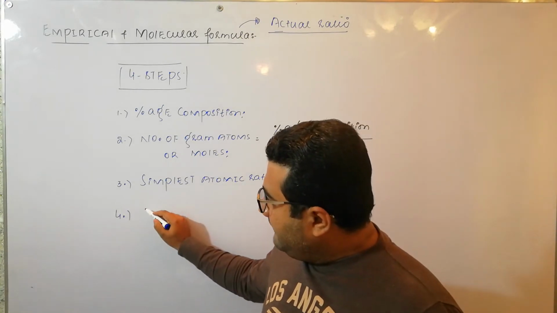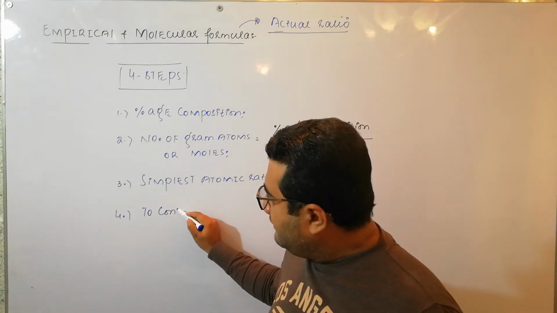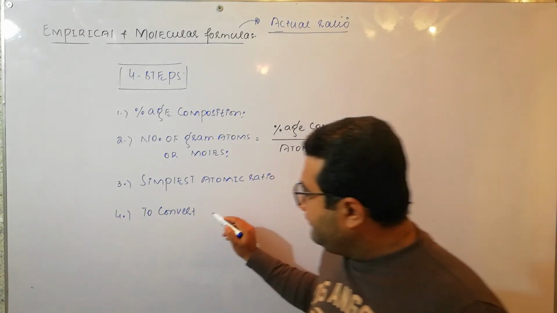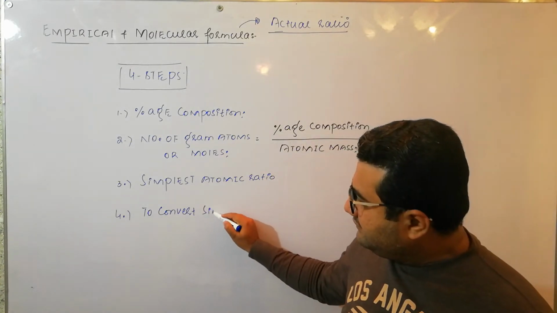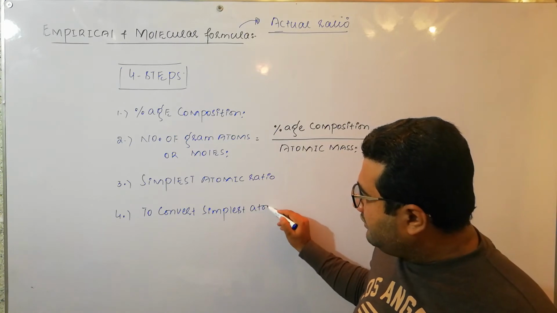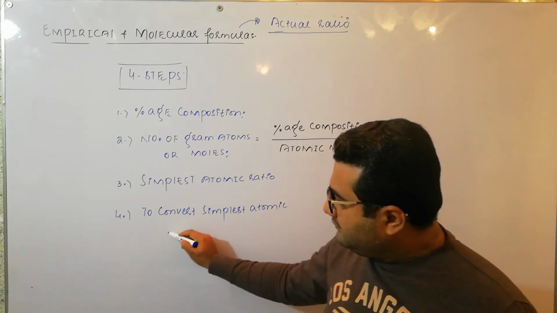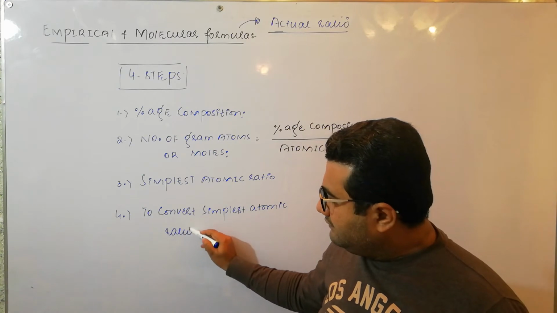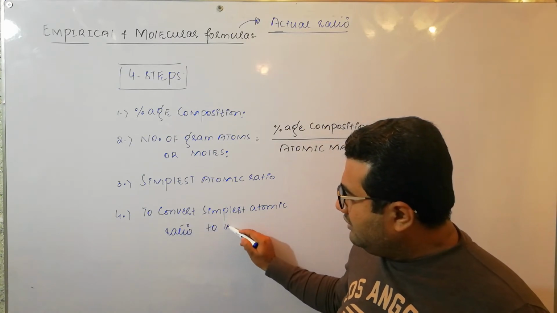The fourth will be to convert simplest atomic ratio to whole number.